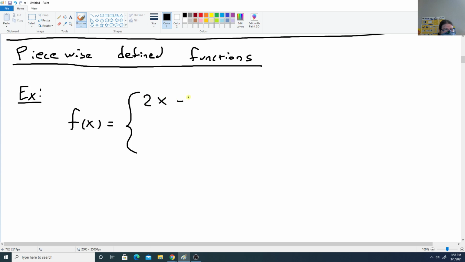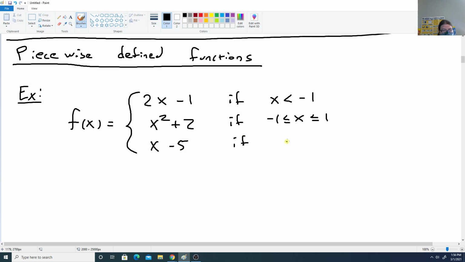We'll say it's 2x minus 1 if x is less than -1. It's x squared plus 2 if x is between -1 and +1. And it's x minus 5 if x is greater than 3.